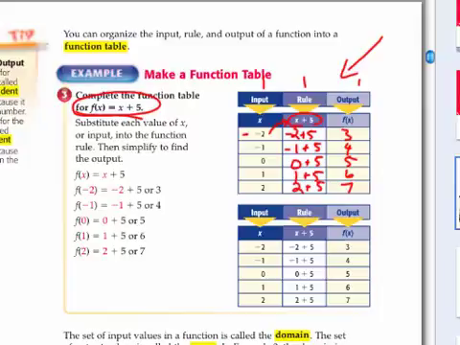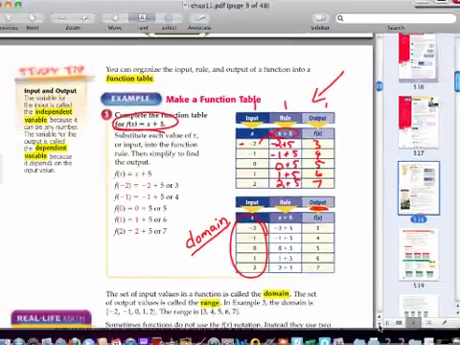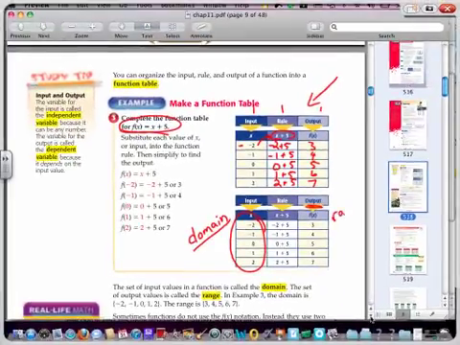Now, the input values, these values right here, are known as the domain. These are the numbers that I'm putting in. What I get for output values is known as the range.